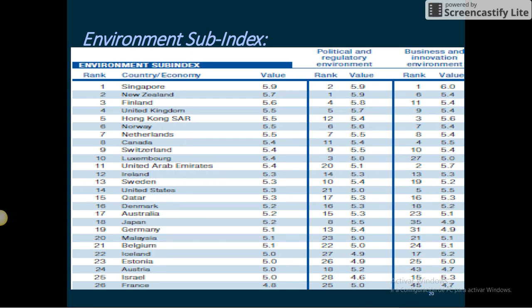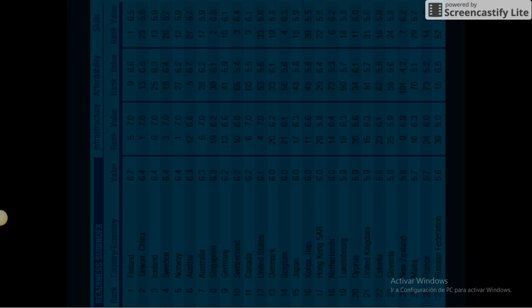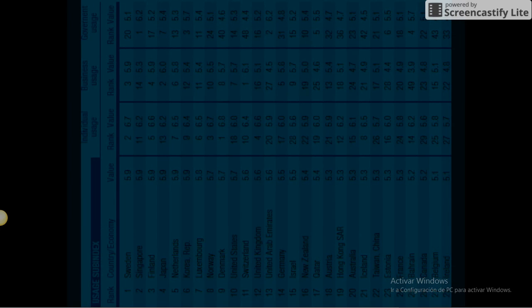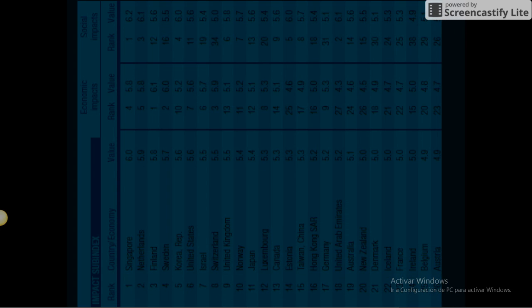Environment Subindex: Political and Regulatory Environment, Business and Innovation Environment. Readiness Subindex: Infrastructure, Affordability, Skills. Usage Subindex: Individual usage, business usage, government usage. Impact Subindex: Economic impacts, social impacts.